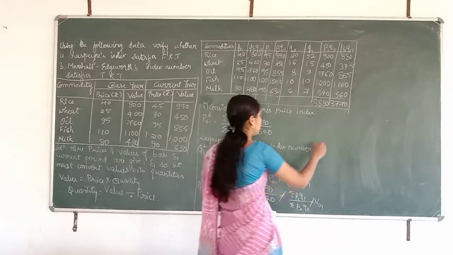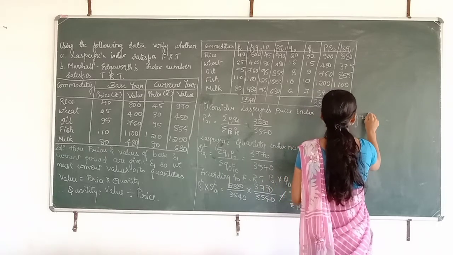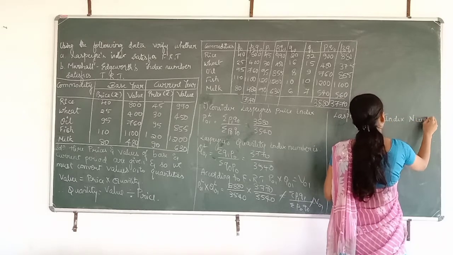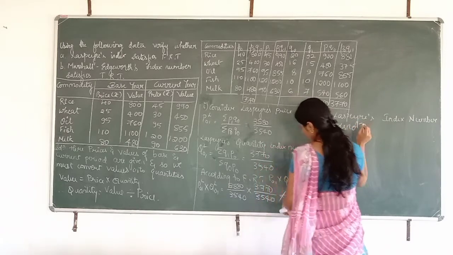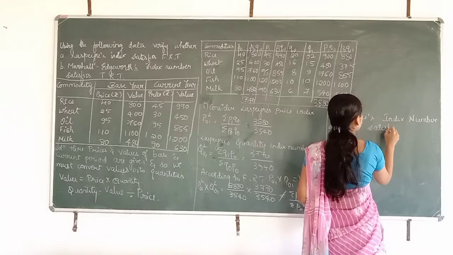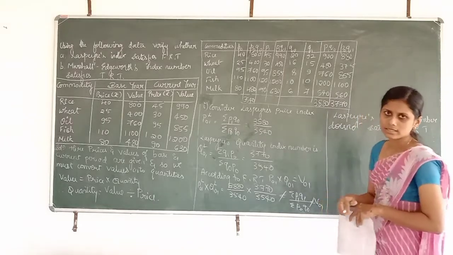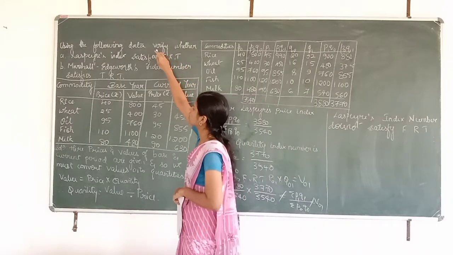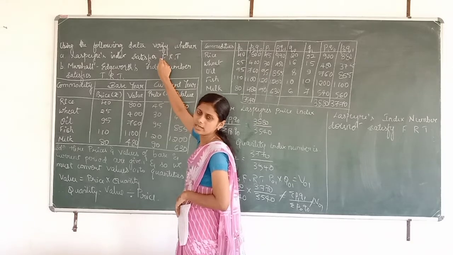Therefore we can conclude that last year's index number does not satisfy the factor reversal test. So this is the solution for the first question, where we had to verify whether last year's index number satisfies the factor reversal test. So we can say that last year's index number does not satisfy factor reversal test.